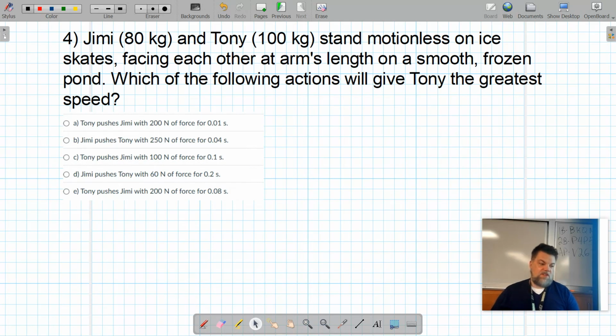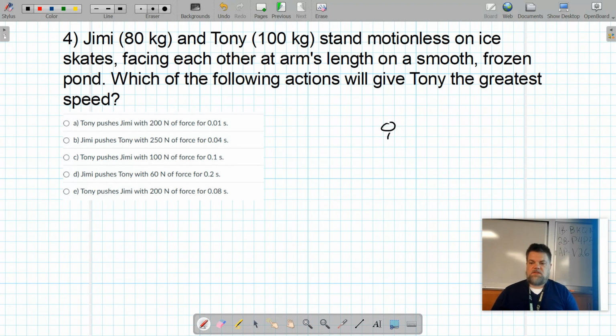Tony is the one that has to push. Okay? And some people say, well, why does Tony have to push if he's the one that's going to be moving? That always throws people off.